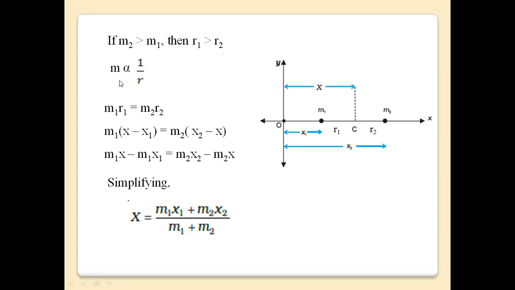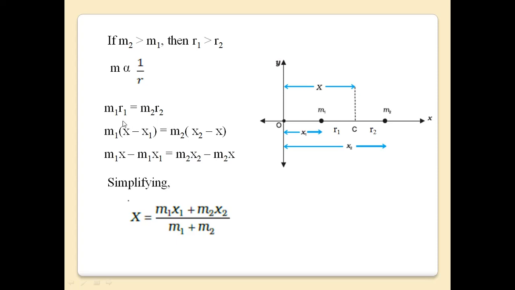That means there is an inverse proportionality between mass and the distance from each mass to the center of mass. m is inversely proportional to r. If m is inversely proportional to r, then m into r will be a constant, or we can write m1r1 equal to m2r2.